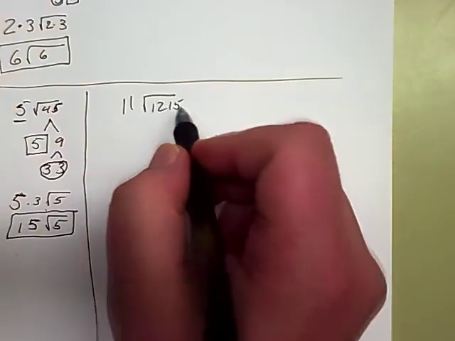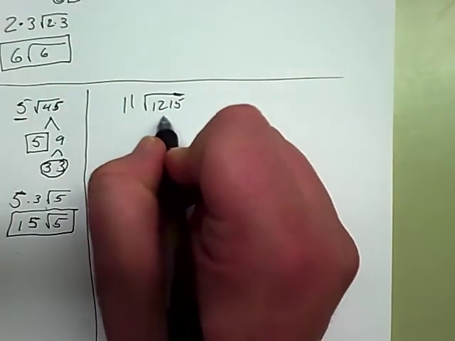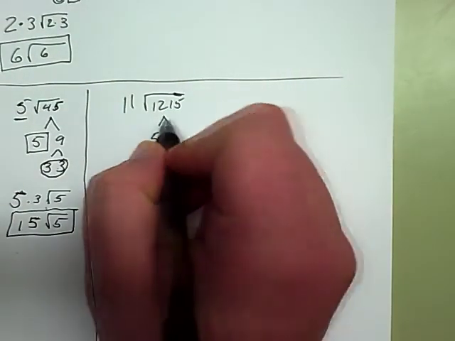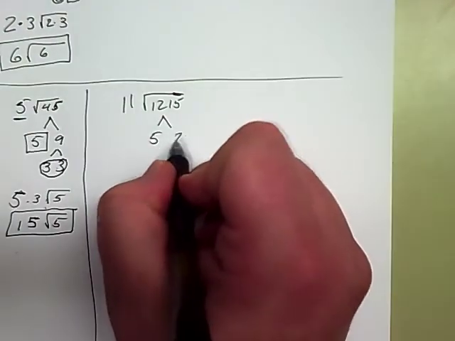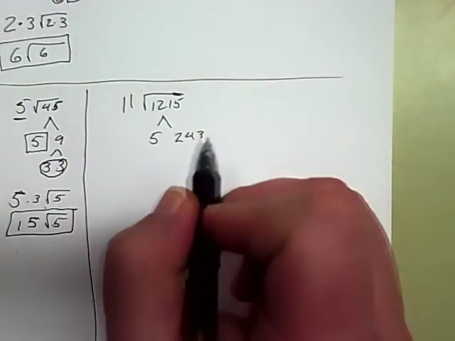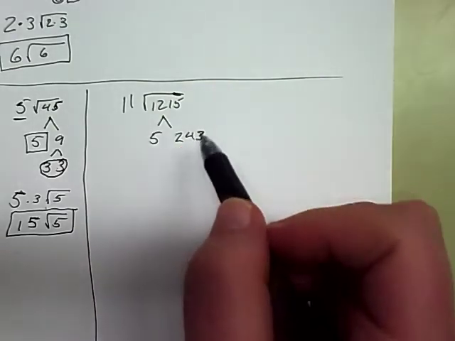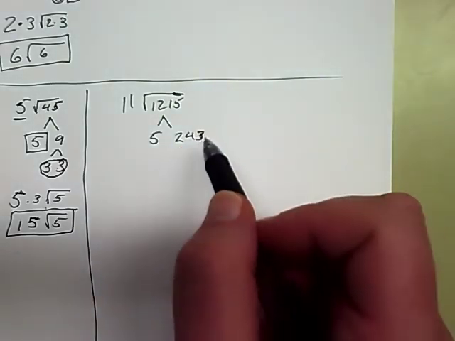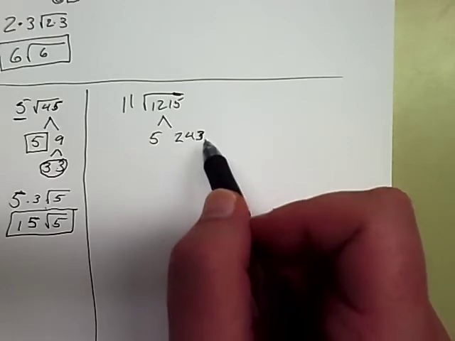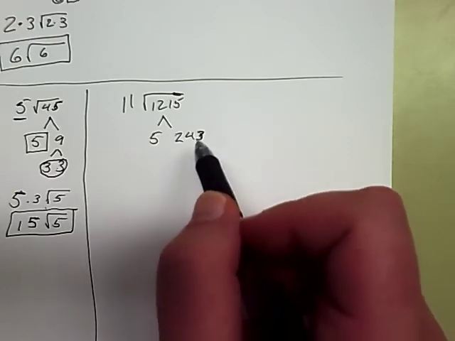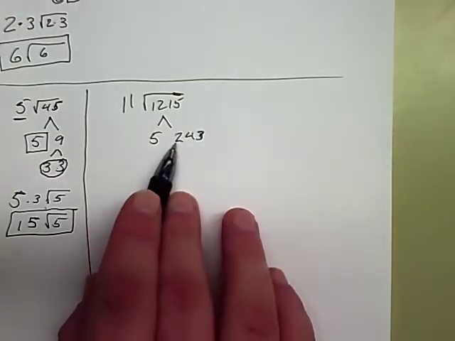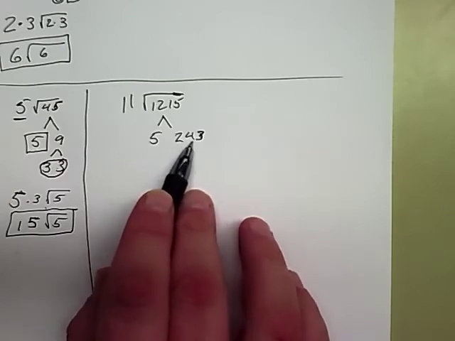So 1,215 is clearly divisible by 5. And when I plug it in my calculator, I end up with 243. So then I ask myself, is 243 divisible by 5? No. Is it an even number? No. And then if I just add these up, 2 plus 4 is 6, 6 plus 3 is 9.